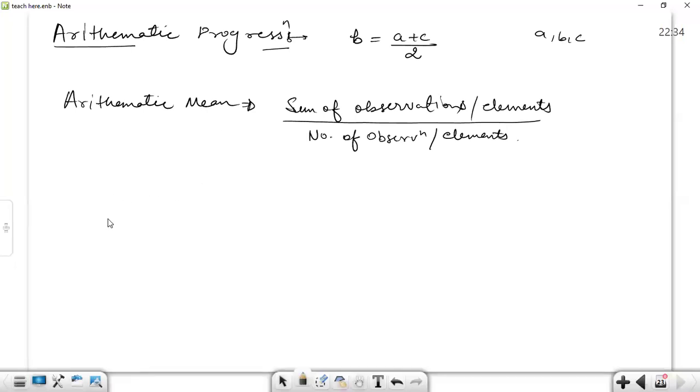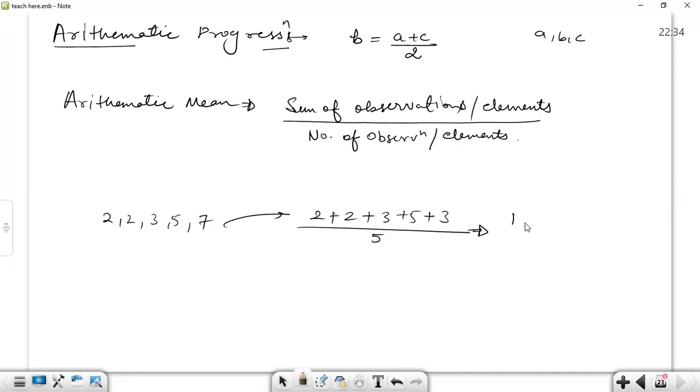If I give you 5 elements like 2, 2, 3, 5, 7, and you have to find the arithmetic mean, simply sum them all and divide the sum by the number of elements, 1, 2, 3, 4, 5. So 4 + 6 is 10, plus 5 is 15, divided by 5, that becomes 3. 3 is the arithmetic mean of these 5 numbers.